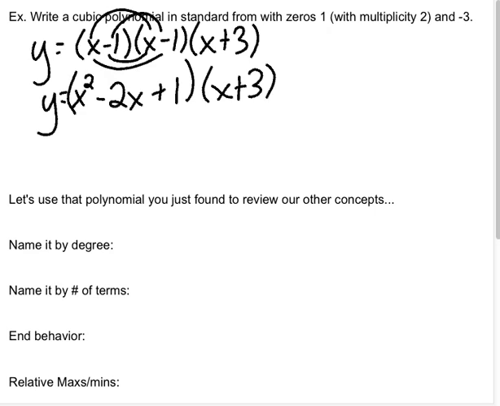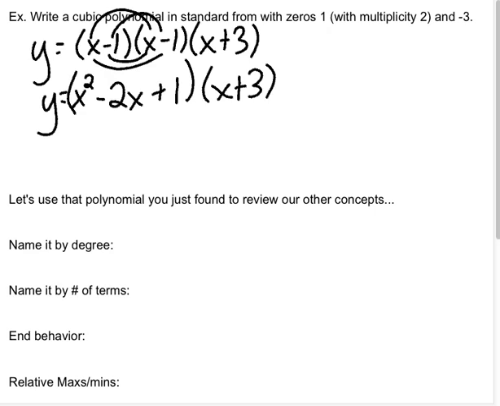Now, technically it's not FOILing, because FOILing only works with 2 binomials. But what you can do is just take everything from this first one, multiply to everything in the second one.